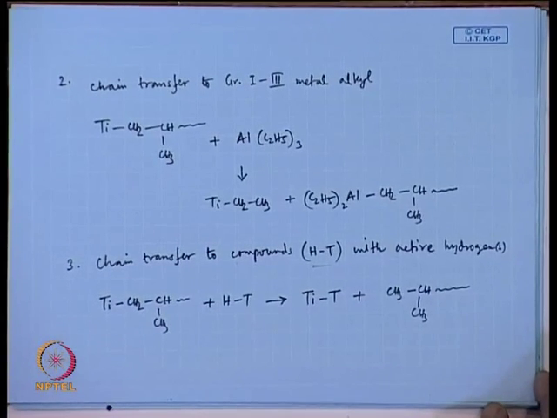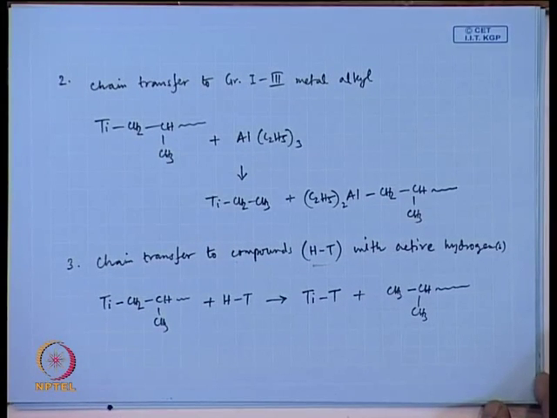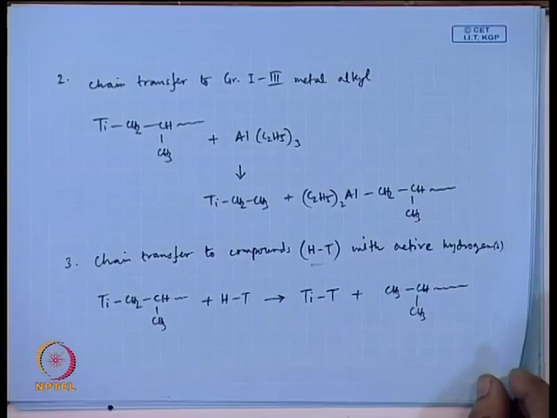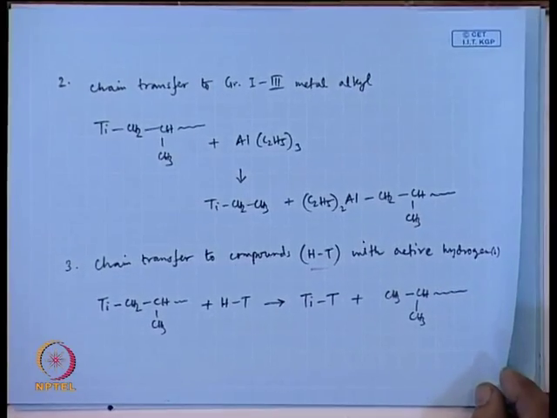So, this is all about Ziegler-Natta polymerization, and this is the majority of the industrial polymers. Olefinic industrial polymers were synthesized by this generic Ziegler-Natta catalyst combination until the discovery of metallocene catalyzed coordination polymerization.